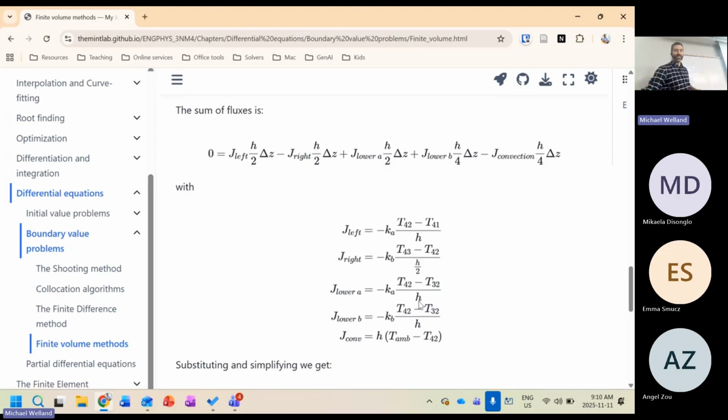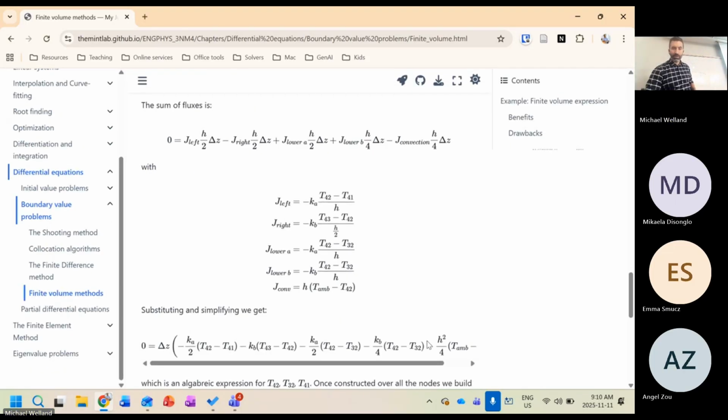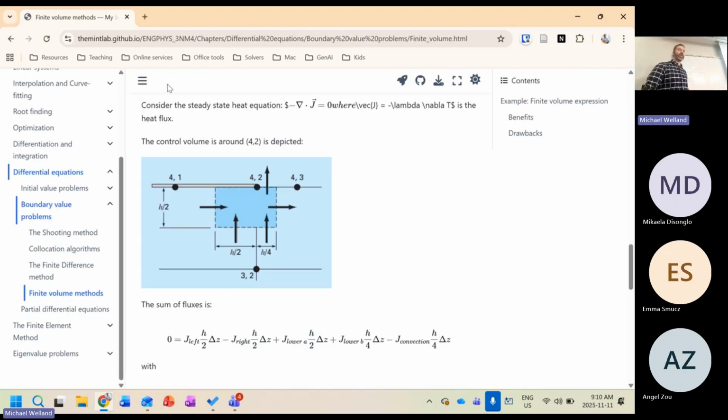You haven't directly imposed anything about the temperature between these 2 points.